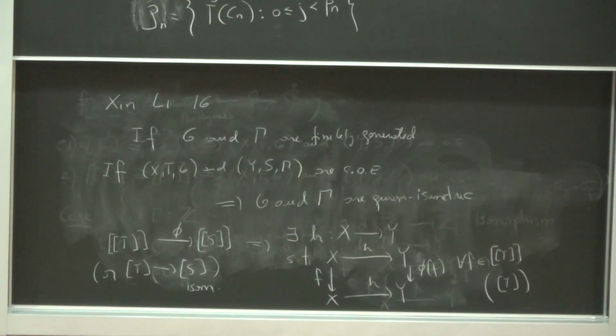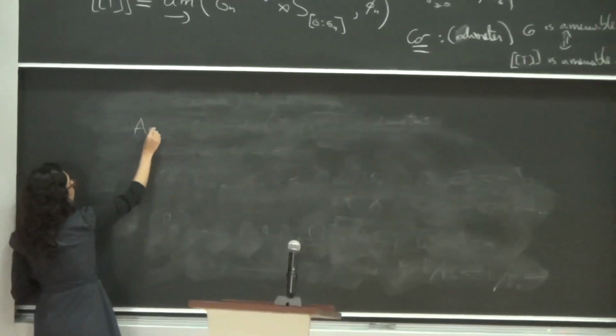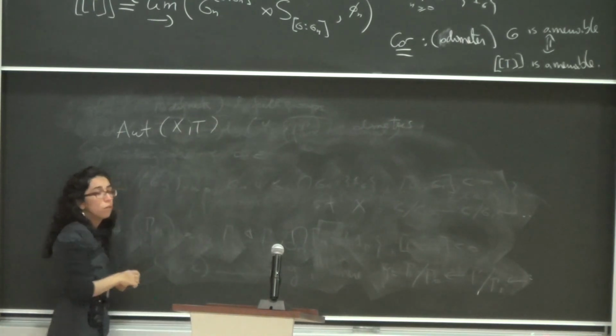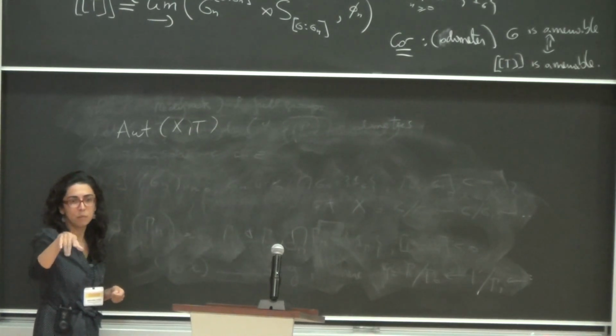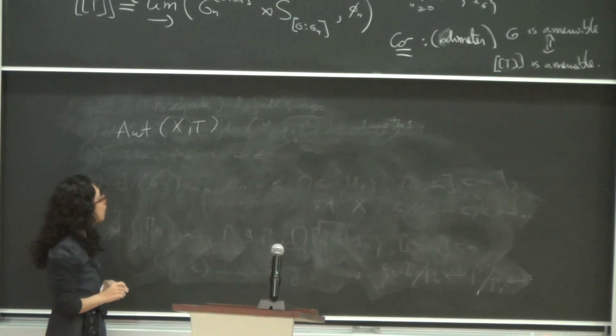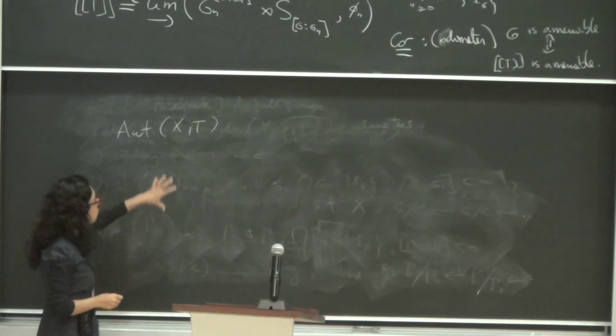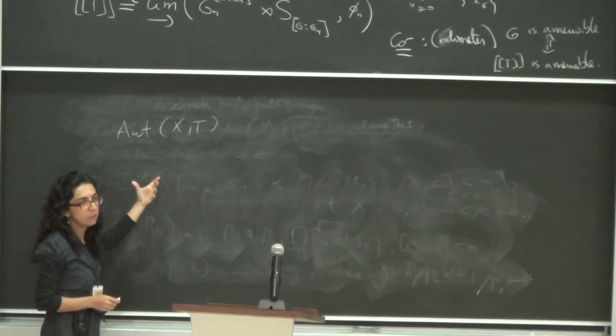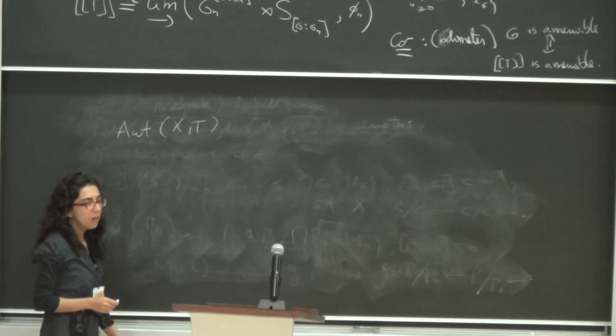Another group that you can associate to this system is the group of automorphisms, which was defined in the talks of Michael and Mike. And there are some results about the group of automorphisms related to minimal Cantor systems.